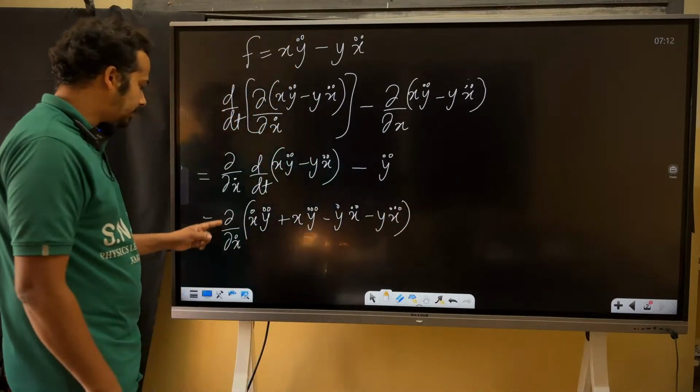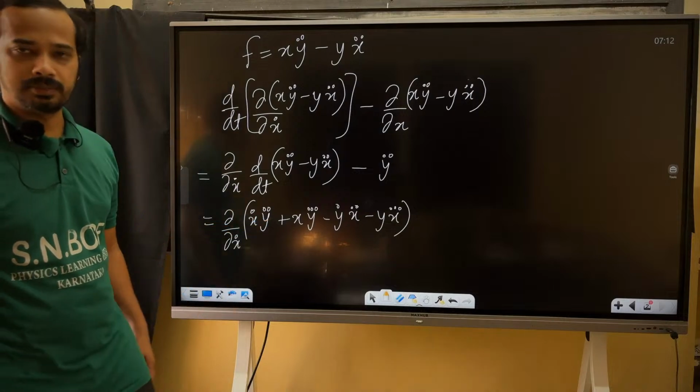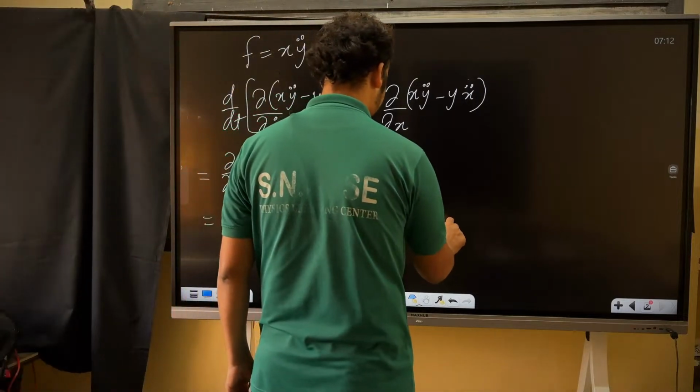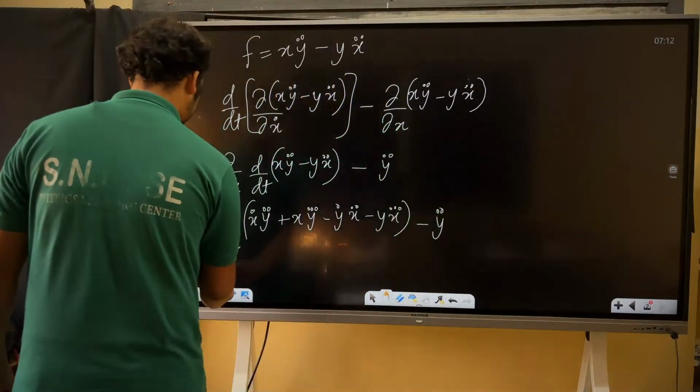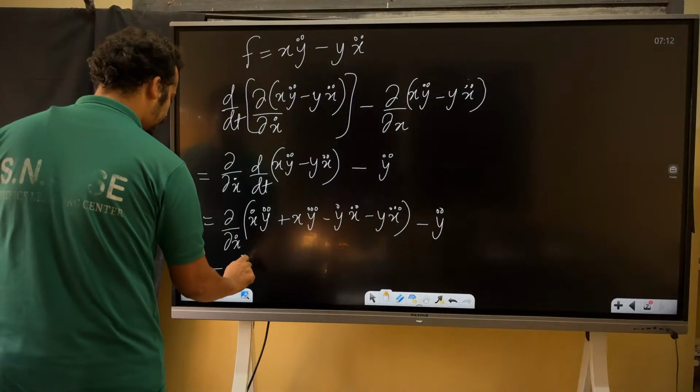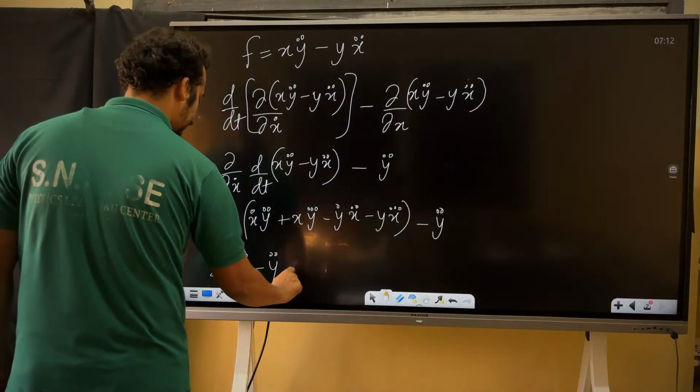When you take the partial derivative with respect to ẋ, only one term remains here, ÿ. So this will be ÿ minus ÿ, which is equal to 0.